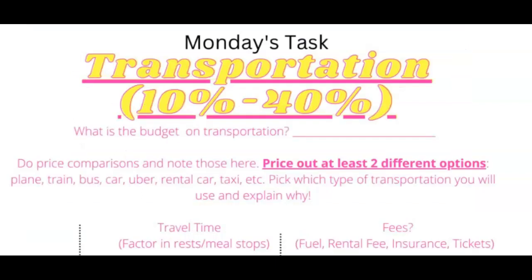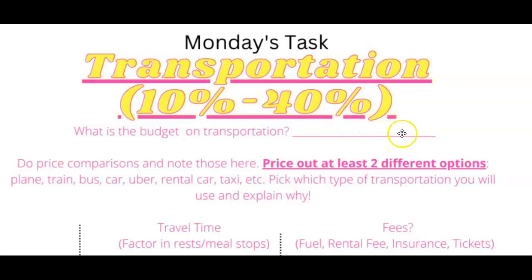As we're looking at transportation, that's what we're going to do on Monday, or day 1 of this project, whatever day of the week it lands on. Technically day 2, because on day 1 we do an overview and you decide where you're going to go. On day 2, you're figuring out your transportation. We said that our transportation needs to be 10% to 40% of our $3,500 budget.